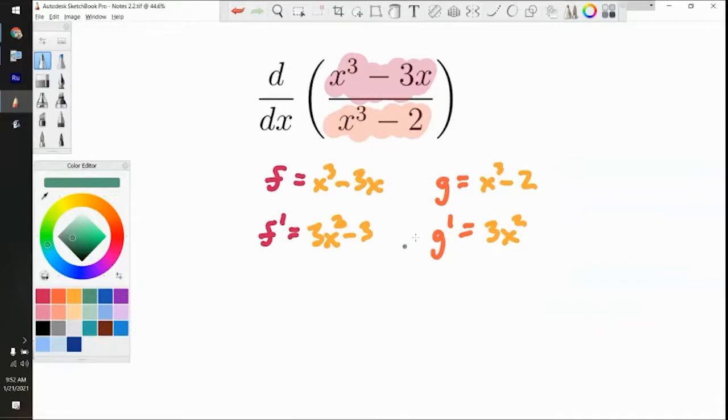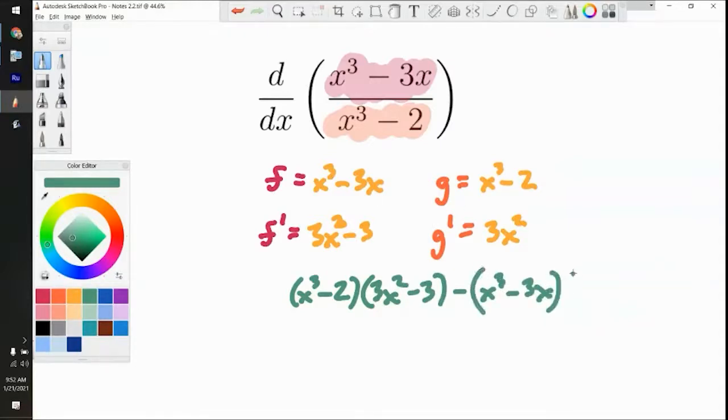Okay, so this is going to be equal to f prime g minus f g prime, and then we're dividing all of this by g squared.